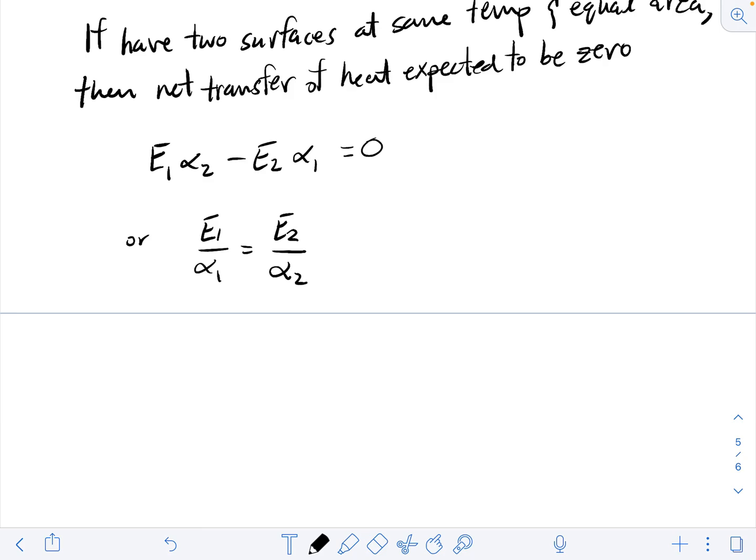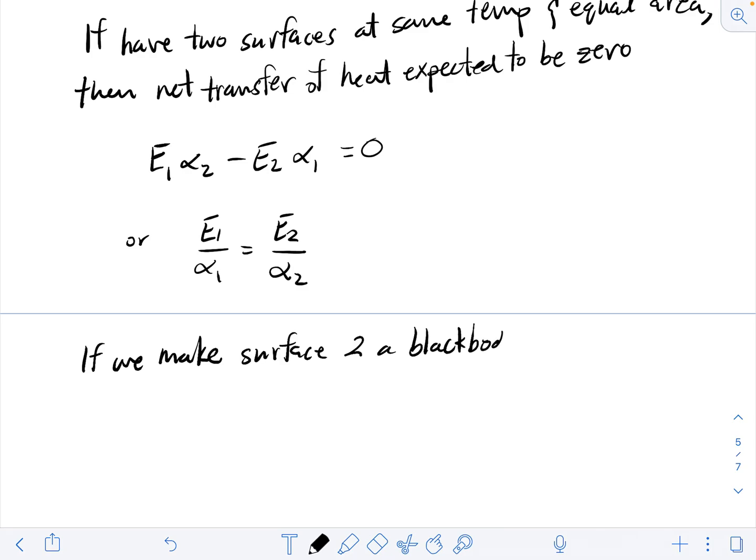Okay, so let's do something else. Let's say we take one of our surfaces and we make that surface a black body. So a black body is a surface that absorbs all incident energy. So if we make surface 2 a black body, then alpha 2 has to be 1.